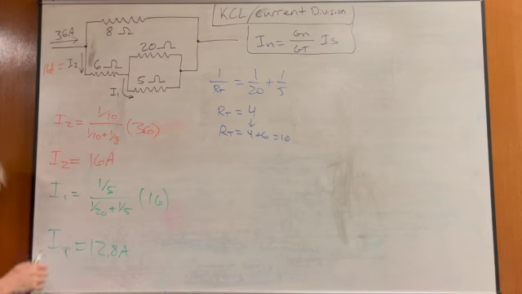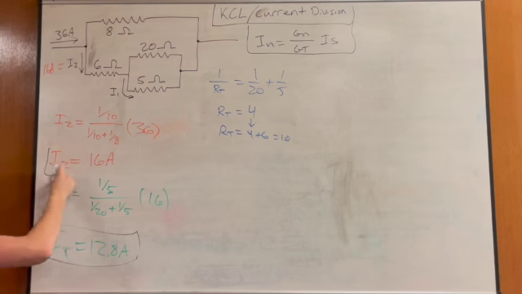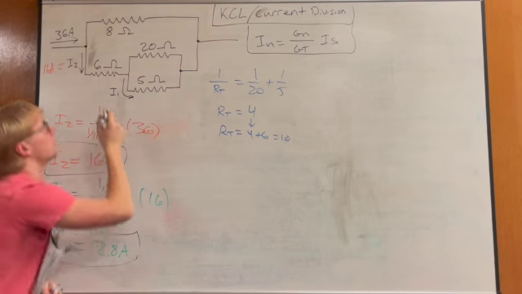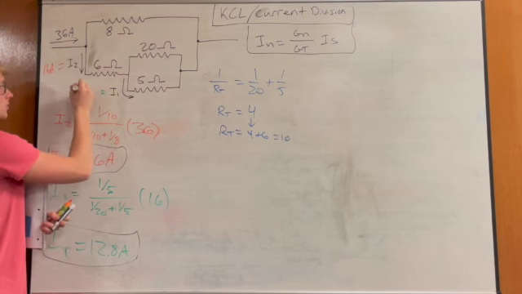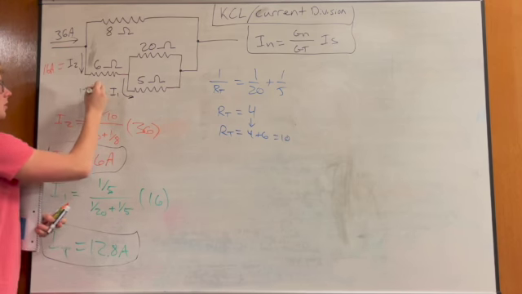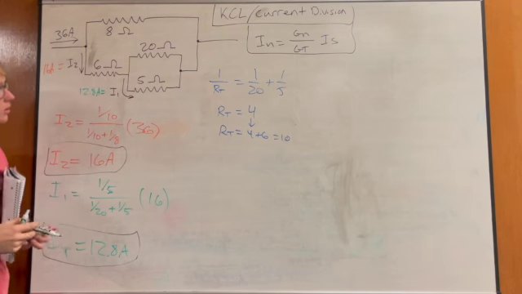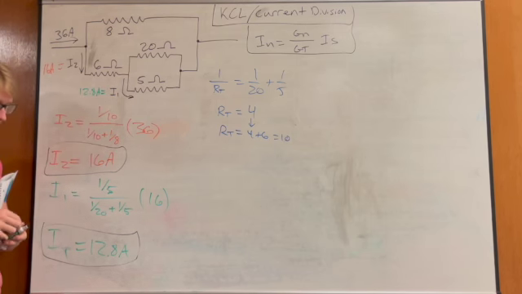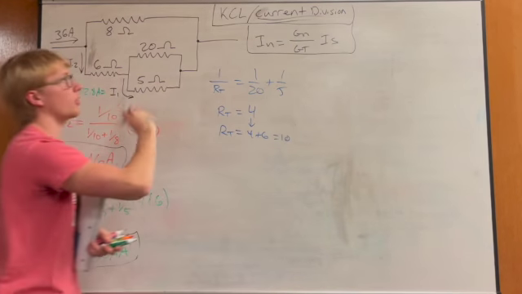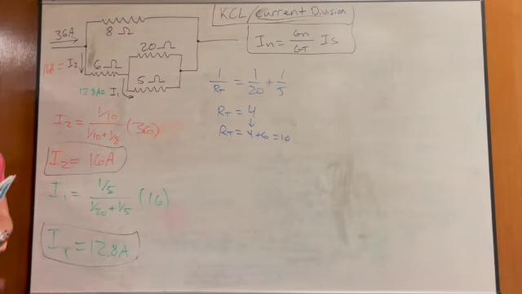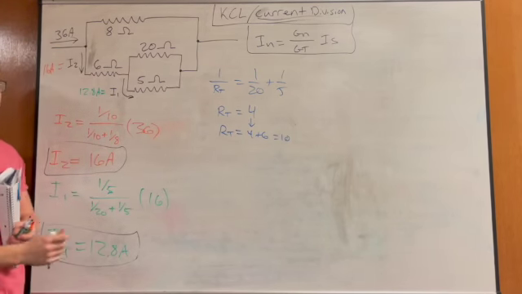And so these are in fact your answers to this circuit. I1 equals 12.8 amps, which is the current division part of this lesson.